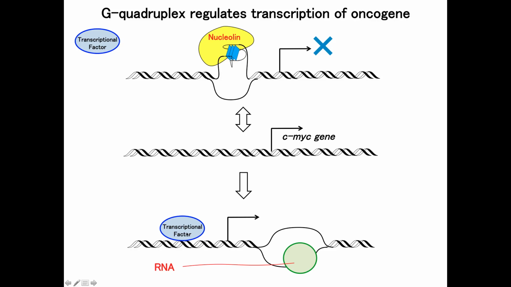A transcription factor binds to the promoter in this c-MYC region. This gene is transcribed, but this region consists of G-rich sequence and can form the G-quadruplex, and then nucleolin binds to the G-quadruplex and inhibits the transcription from this region. It means that the G-quadruplex binding protein nucleolin binds to the promoter in the c-MYC region and inhibits the transcription from this oncogene.